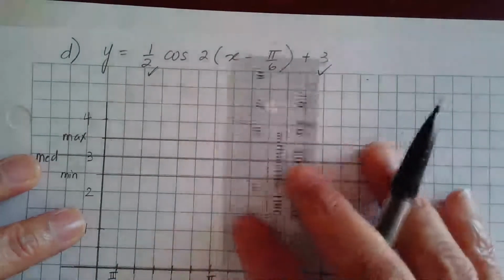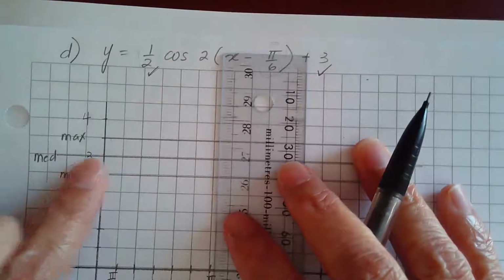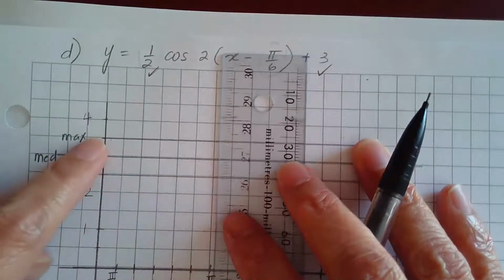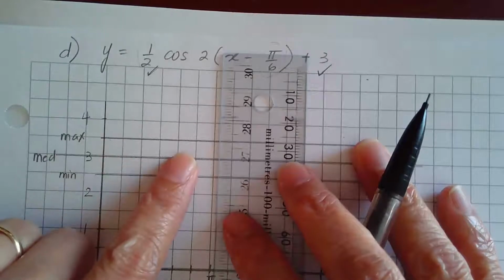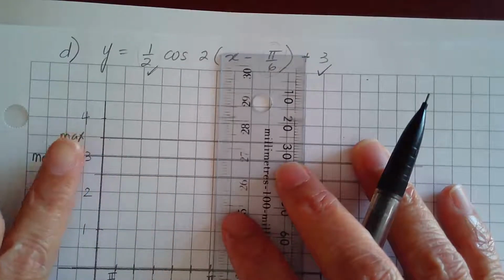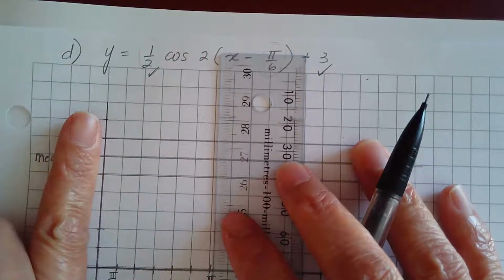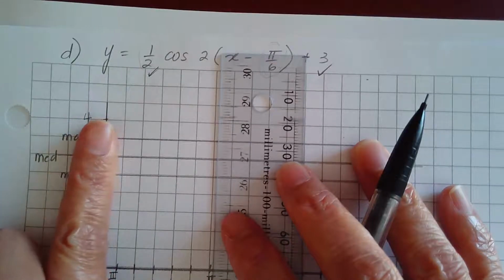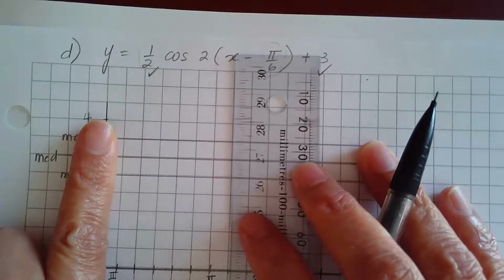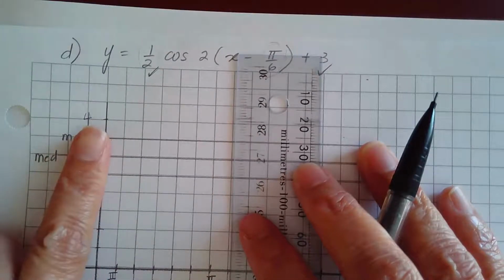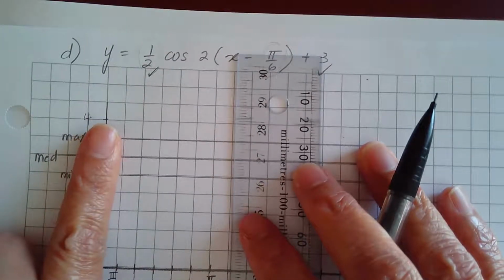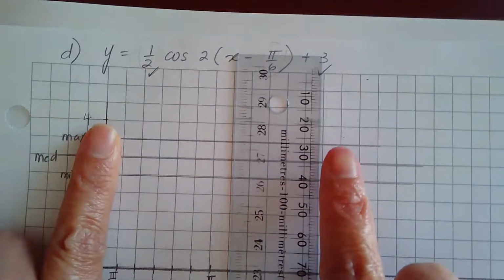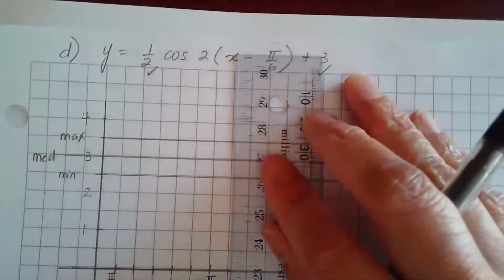So from 0 to pi, that's going to be one whole cycle, one whole wave. But this is if this is the starting point, but our starting point is pi by 6. So if I move the starting line pi by 6, then I have to move back the ending line pi by 6 as well.